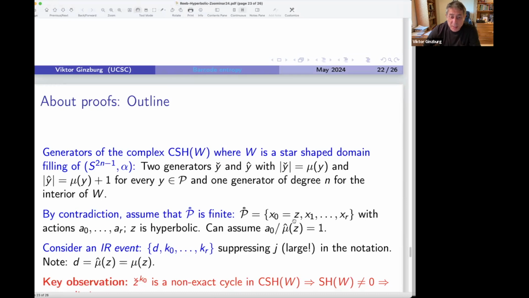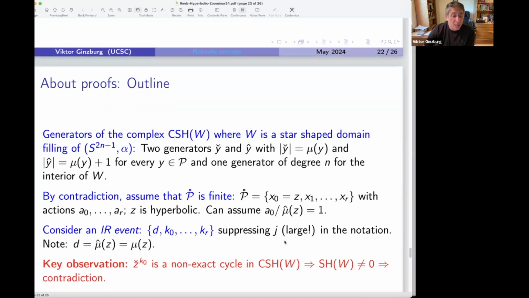The first one of them is hyperbolic. Let's look at the actions. And by scaling the contact form, I can assume that the action of the hyperbolic orbit is equal to the mean index. It's just convenient to do so.